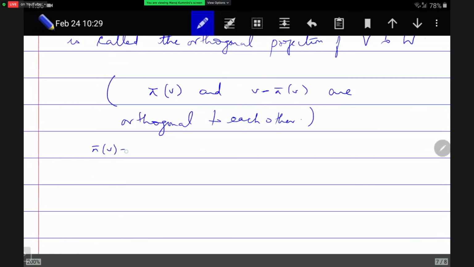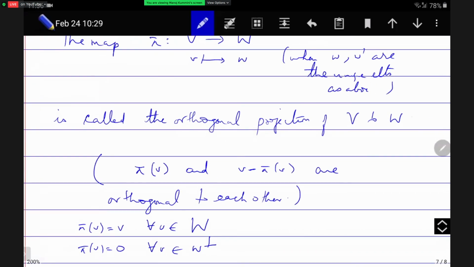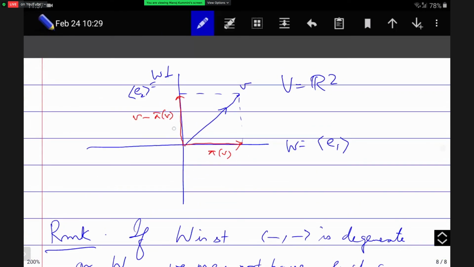Maybe I should add here: pi of v is v for all v inside W, and pi of v is 0 for all v inside W perp. These are just consequences of the definition. Think about it here: if you take a vector in the span of e2, its projection onto W will be 0, and if you take something that is already in W, its projection to W is itself.